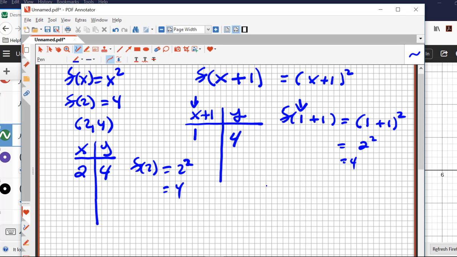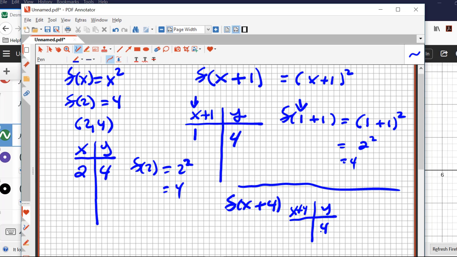Okay, let's do another one. Let's do this one. f of x plus 4. So what happens here is I'm adding 4. The output was 4. And again, same question: what do I need to enter here to get myself that 4 back out? But I know that it's the 2 that gives me the 4. So the answer seems to be I need a negative 2.